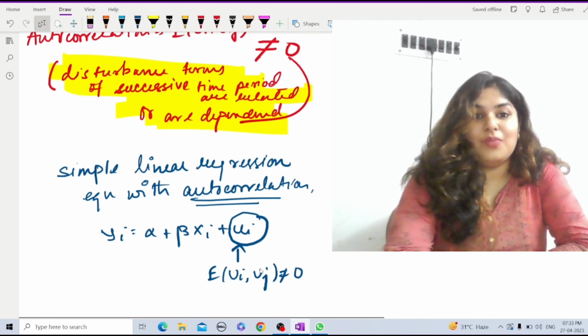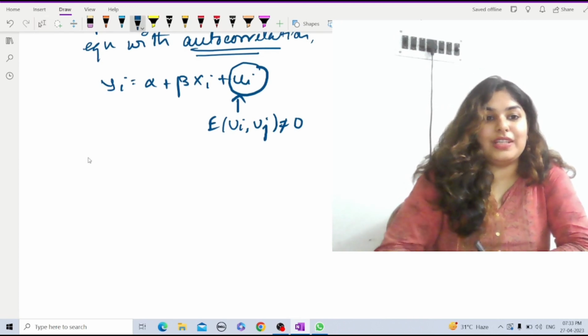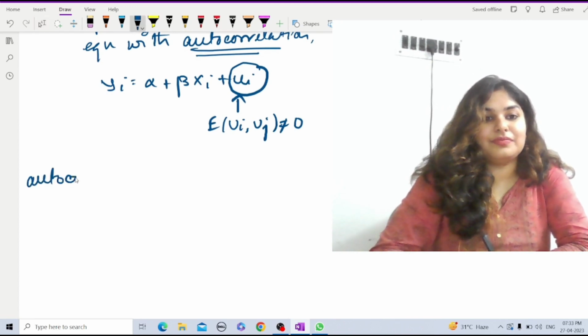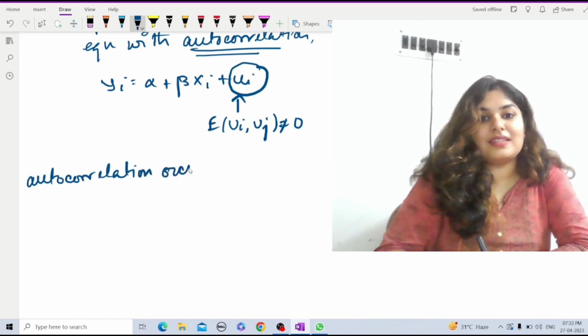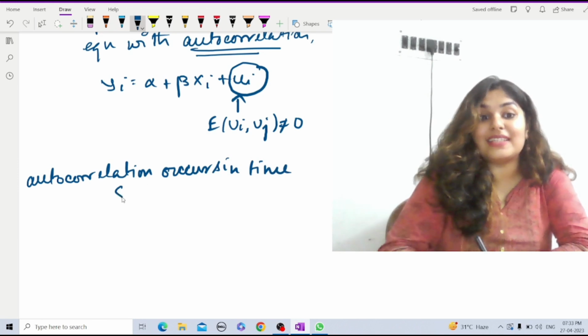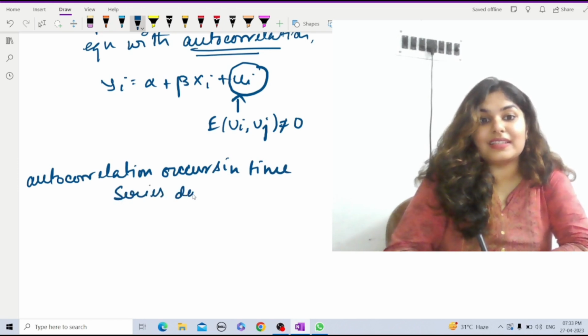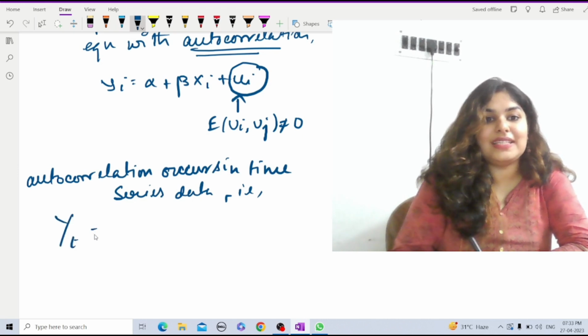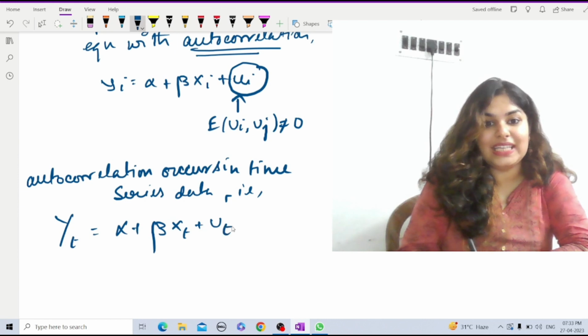Now mostly the problem of autocorrelation occurs in time series data. That is, our regression line can be written as yt is equal to alpha plus beta xt plus ut, where t is equal to 1 to infinity.